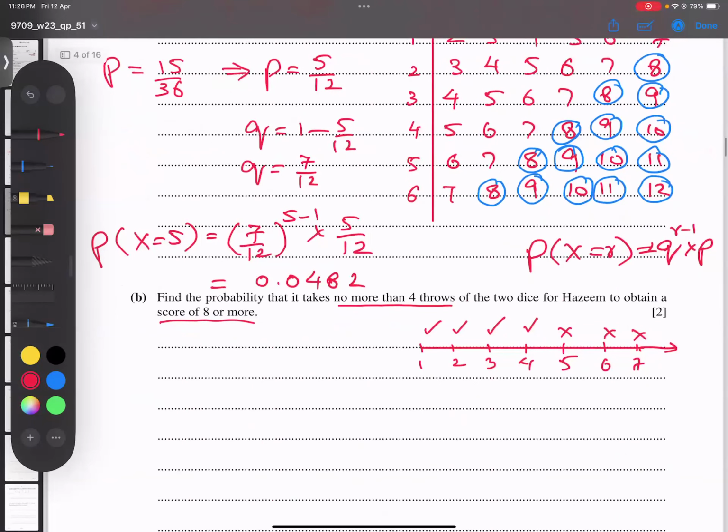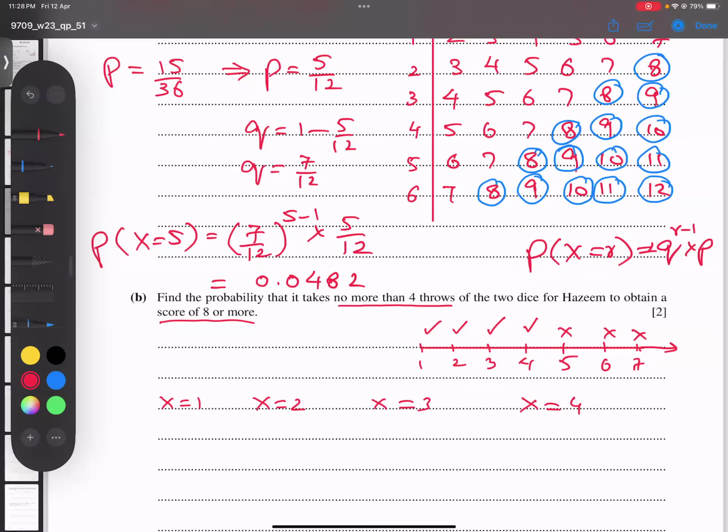So we have two methods to do it. Method number 1: if I find all these values using this formula, I find all. Look, I'm doing it for you. One time if X equals 1, one time if X equals 2, one time if X equals 3, and one time if X equals 4. Because it means 4 and less than 4.